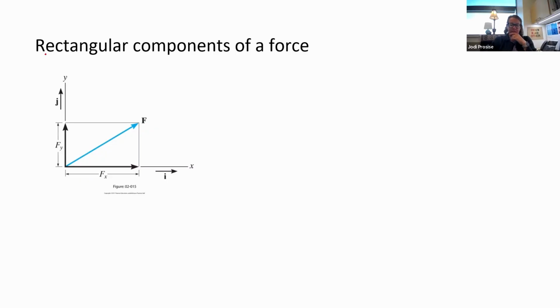And so the rectangular components, this is just talking about our perpendicular components, also known as our x and y components of our force, so that we understand how that force is acting in the x direction and in the y direction.